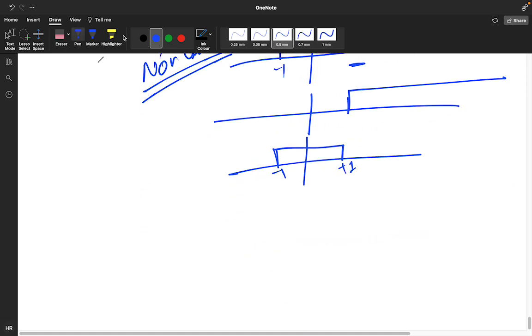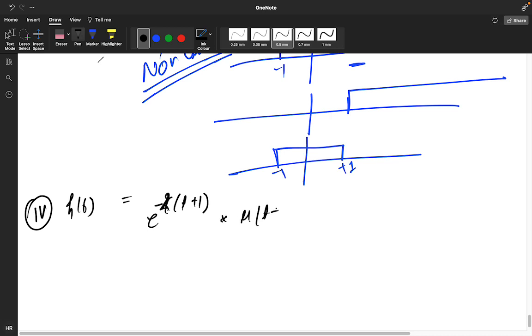Same one, another question. So this is your h of t, and the h of t value is e power minus 2 t plus 1 convolved with u of t plus 2 convolved with delta t minus 4.